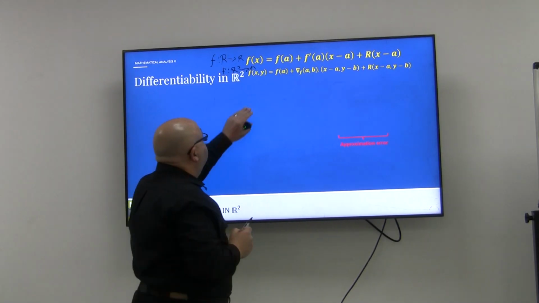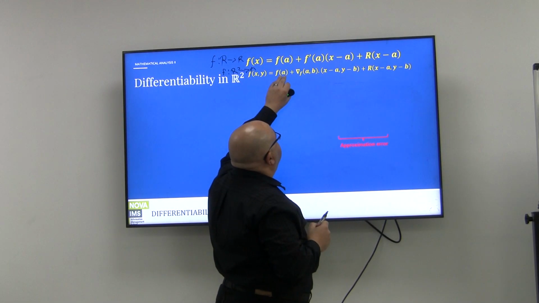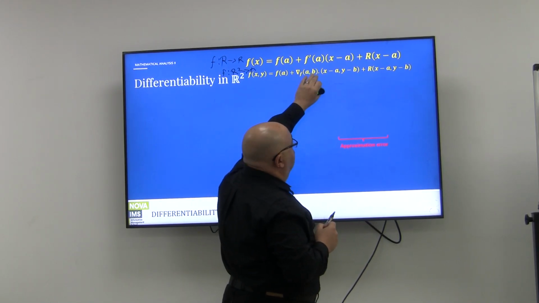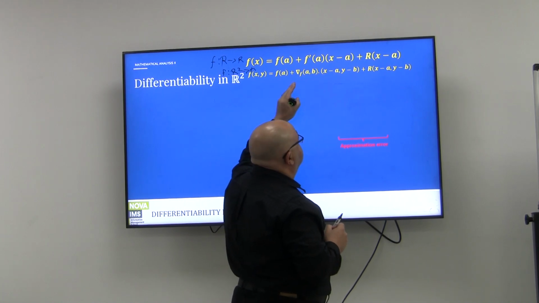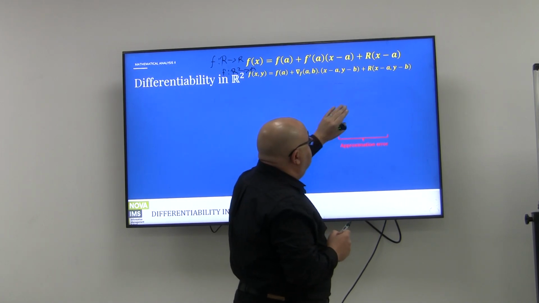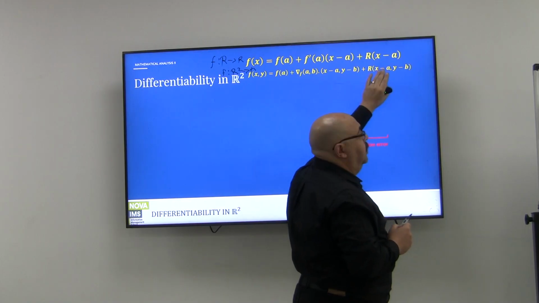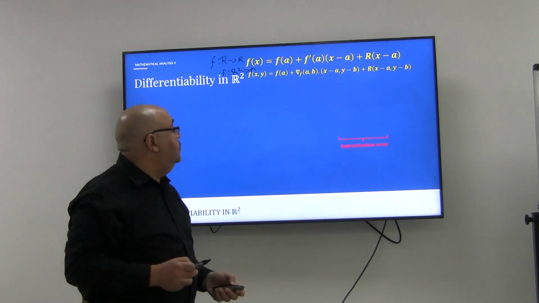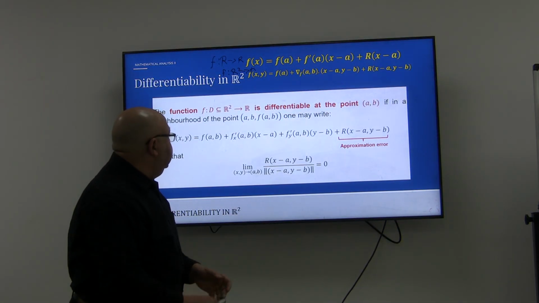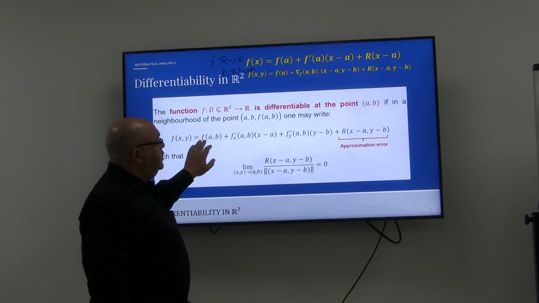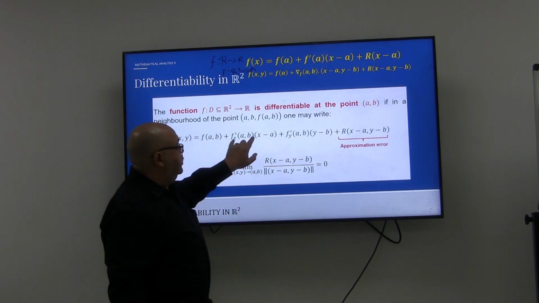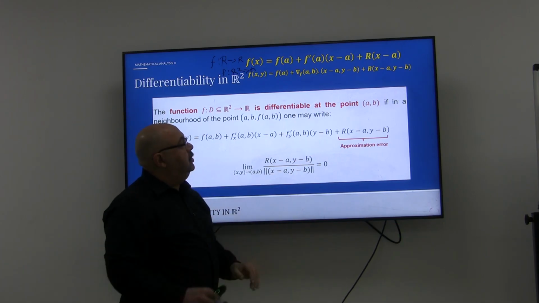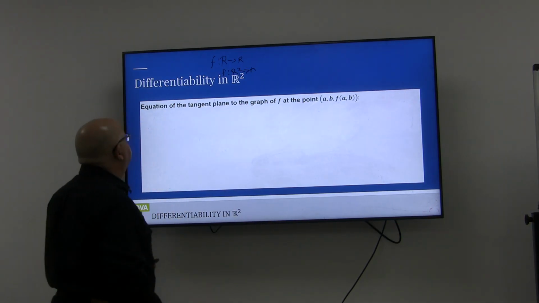So once more, f(x, y) will equal f at (a, b), plus the gradient vector at (a, b) dot product with (x minus a, y minus b), as you can see, plus the remainder term, which we will find according to the definition that we stated previously. So mainly, that's your function, if you want to test it. It has to have partial derivatives, because I'm going to use them, and also the limit of the remainder term should equal 0, as we will see.